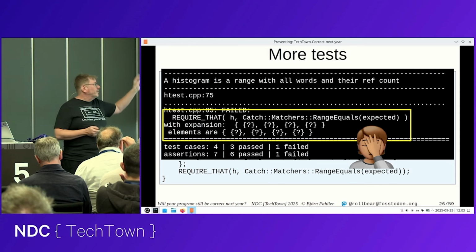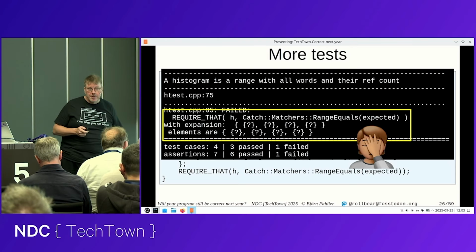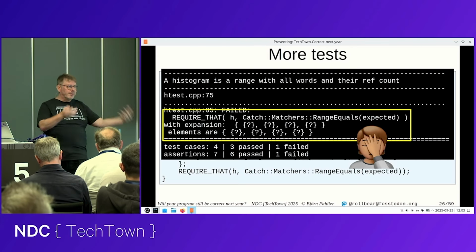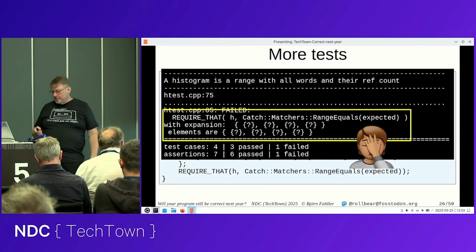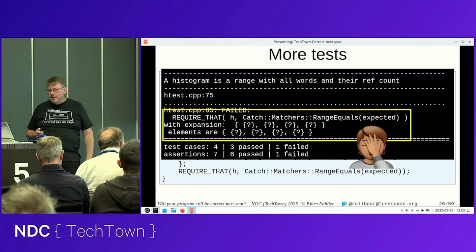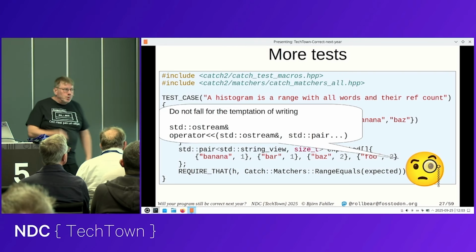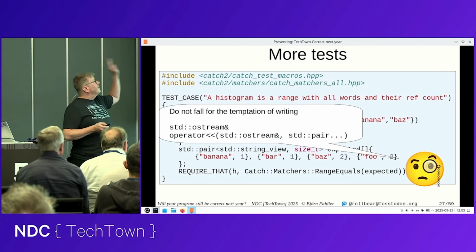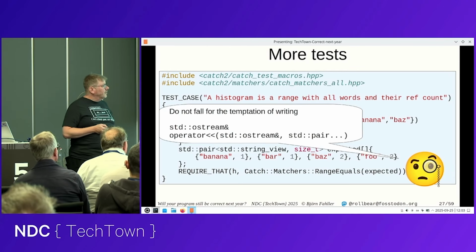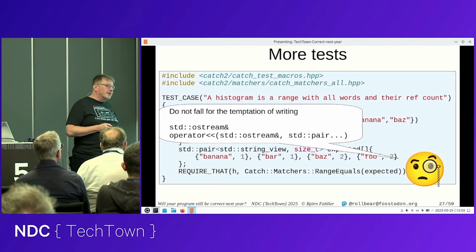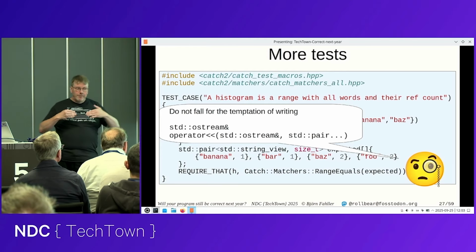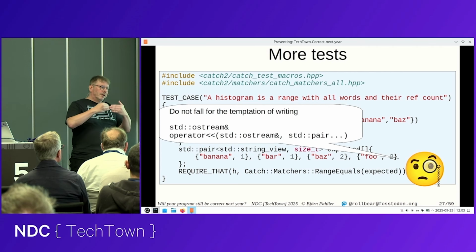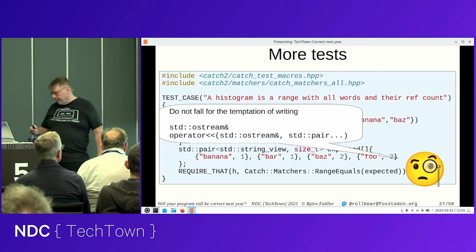So it just writes this question mark when it doesn't know how to represent them. That is a bit of a bummer. Now, do resist the temptation of, okay, I'll just add an ostream insertion operator for std pair. Don't do that. That is not what you want. You want to be able to have your tests show your type.